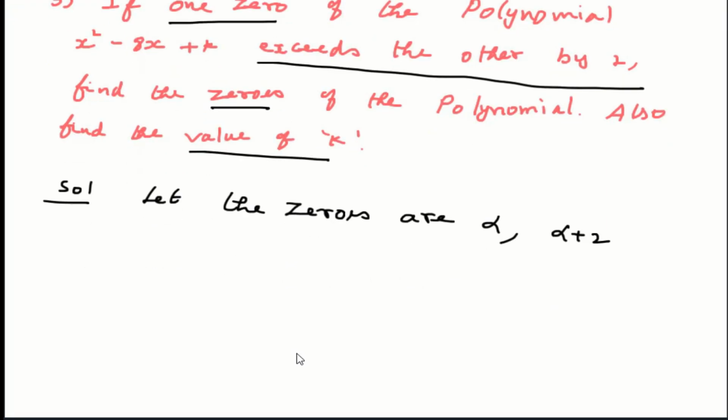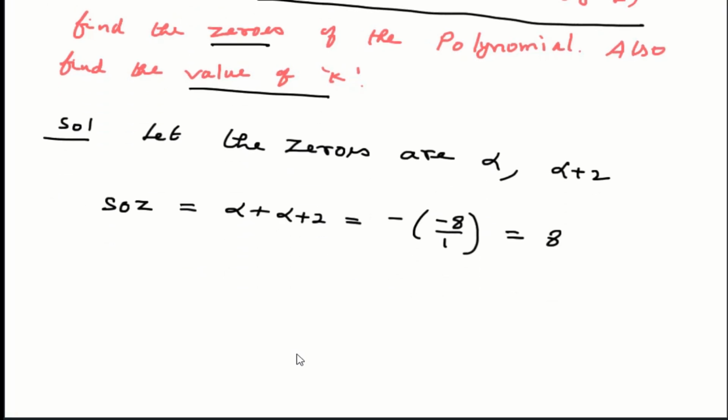Right? Now let us find what is sum of zeros. Sum of zeros is alpha plus alpha plus 2 equal to minus b by a, which is 8. So I can write 2 alpha plus 2 equals 8. So 2 alpha equals 6, alpha equals 3.